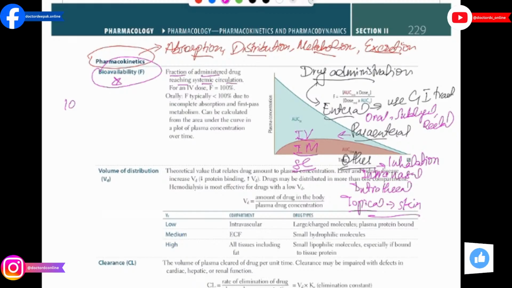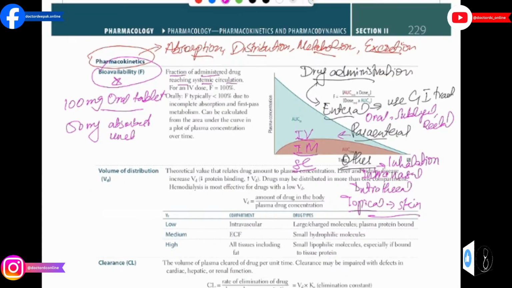Suppose we take a 100 mg tablet, and 50 mg is absorbed and remains unchanged. So bioavailability will be 50%.